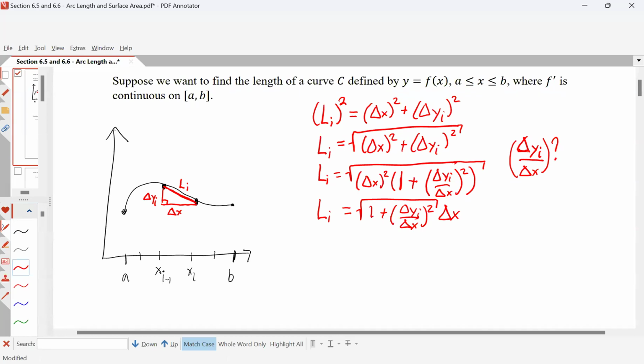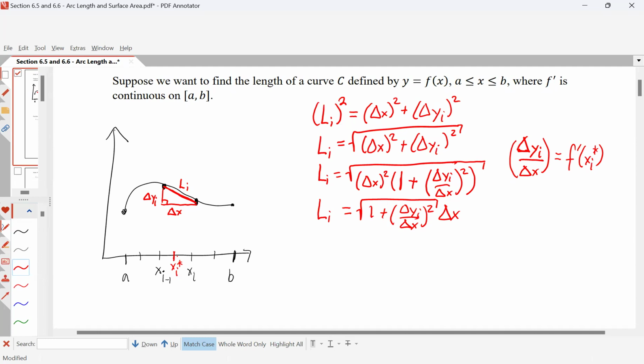And what a little change in y over a little change in x is, ultimately, is the derivative at some point x sub i star that's between x sub i minus 1 and x sub i. So somewhere in here, there's this x i star where the derivative at that point is the same as delta y i over delta x.